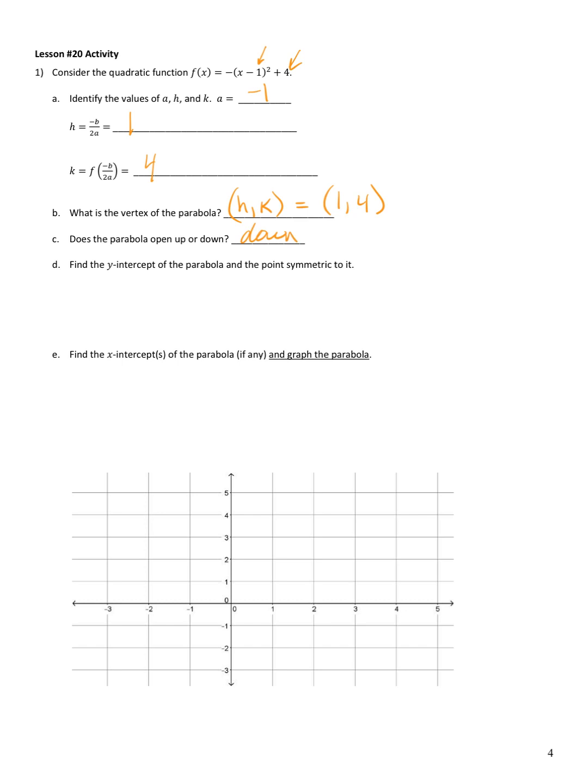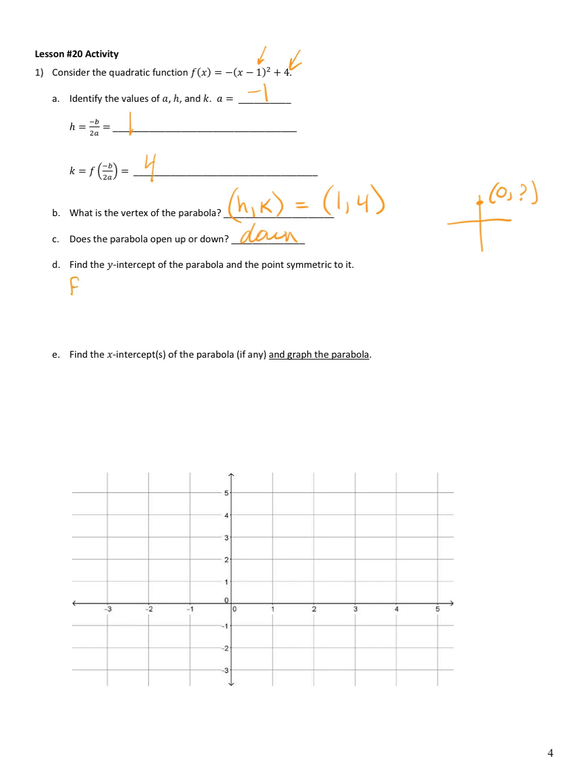Find the y-intercept of the parabola and the point symmetric to it. So y-intercepts for any function you find by making x 0. Just remember, you can draw yourself a little picture. Y-intercept means a point on the y-axis, and we always know the x-coordinate of that point is 0. What we're looking for is the y-coordinate. So I can make the x 0, solve for the y.